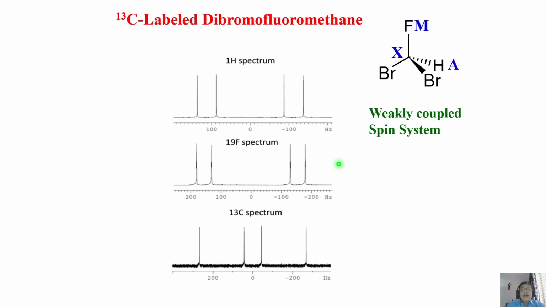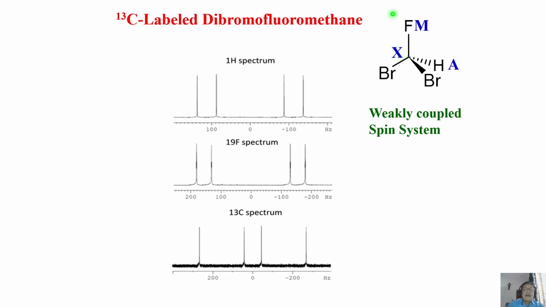Now I'll take another example of a very good molecule. While explaining active and passive couplings, in one of the classes I showed this molecule, where carbon 13 is labeled.